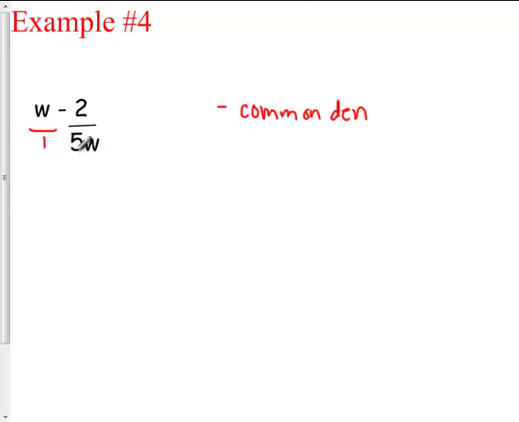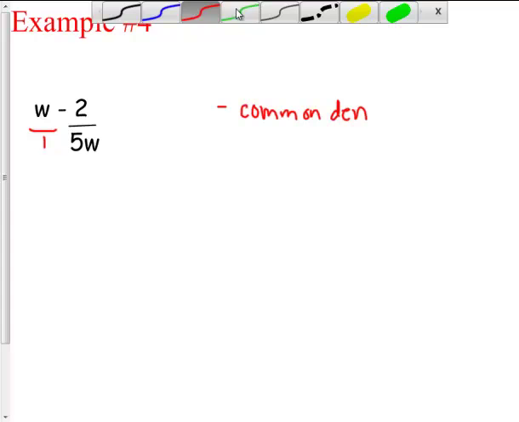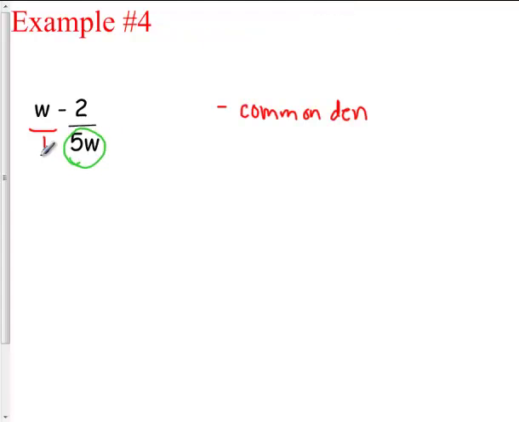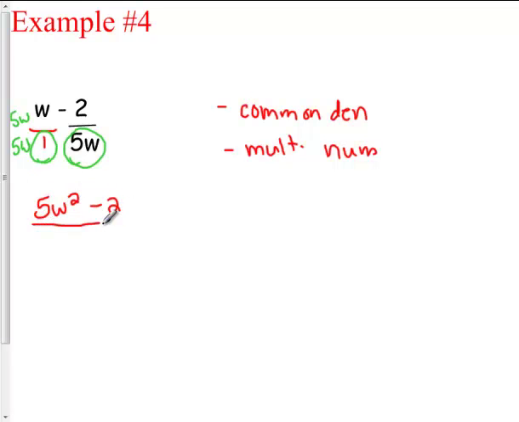So if I put it over 1, this has a denominator of 5w. This has a denominator of 1. So obviously this one over here has to be multiplied by 5w to make it common. Next thing I'm going to do is multiply out the numerator. So I get 5w squared minus 2 over 5w.